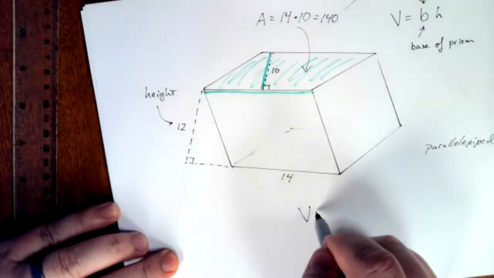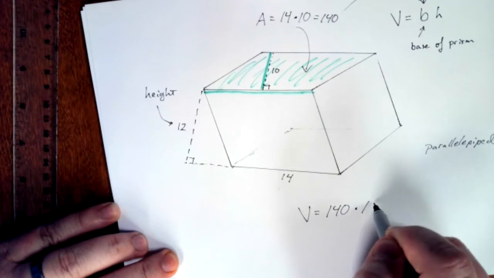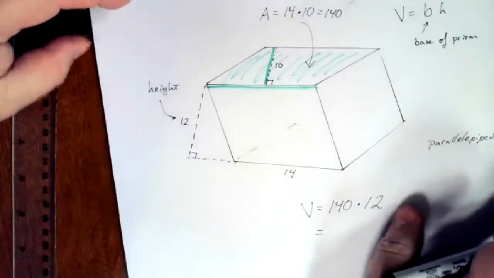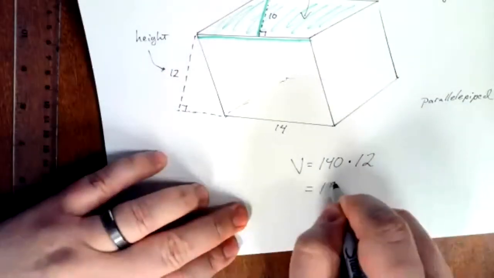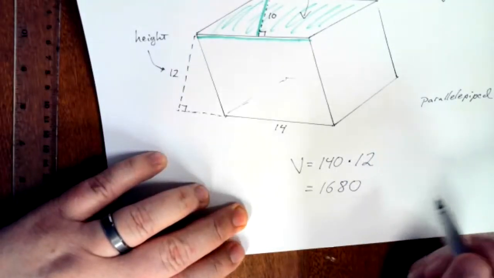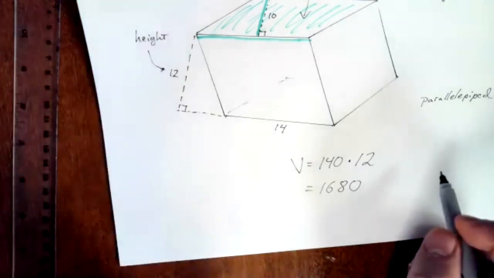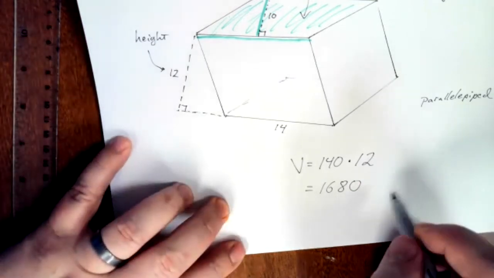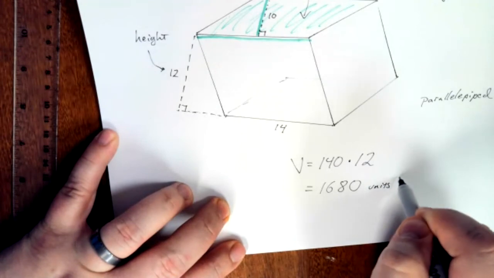So my volume is 140 times the height, which is 1,680, I believe. And since it's a volume, and I don't have my units listed, I'll just say units cubed.